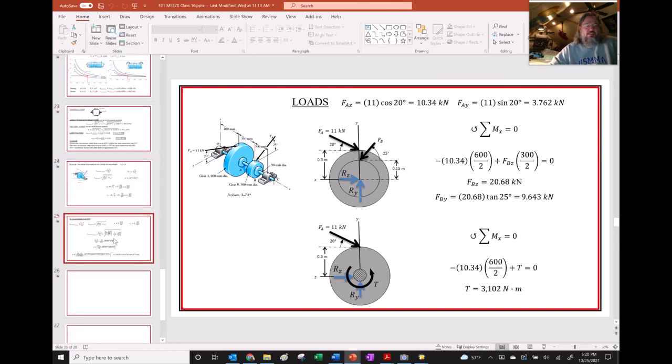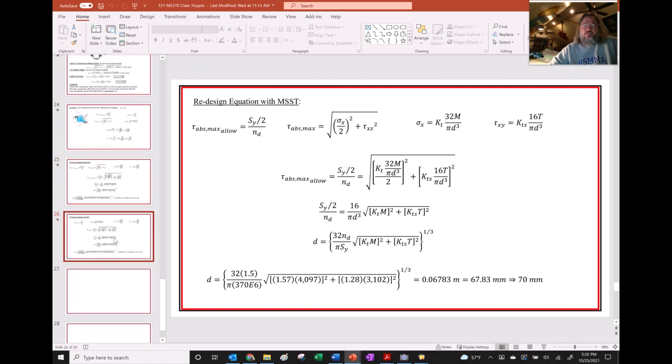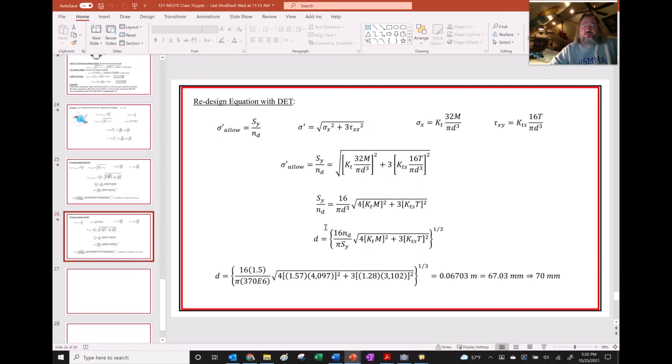Here's our redesign with maximum shear stress theory, and here's our redesign equation with distortion energy theory. So here is the big equation that we want to write down. Our D is equal to, and I already did the allowable within this, so we'll just pay attention to the fact that we had it there.